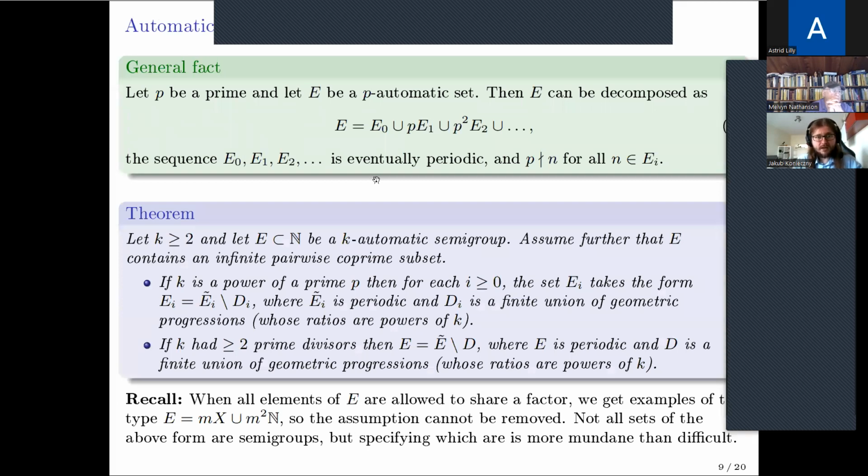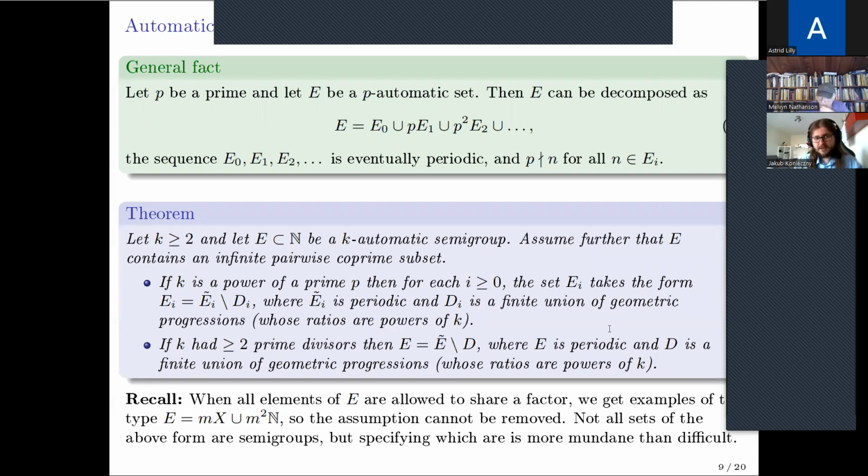And our main result with Oleksiy is the following. So suppose we have a set E, which is a k-automatic semigroup. We will further assume that E contains an infinite pairwise co-prime subset. Now, if k has at least two prime divisors, then the set E has a very rigid form. It is a genuinely periodic set minus a finite union of geometric progressions, and those geometric progressions have ratios which are powers of k.